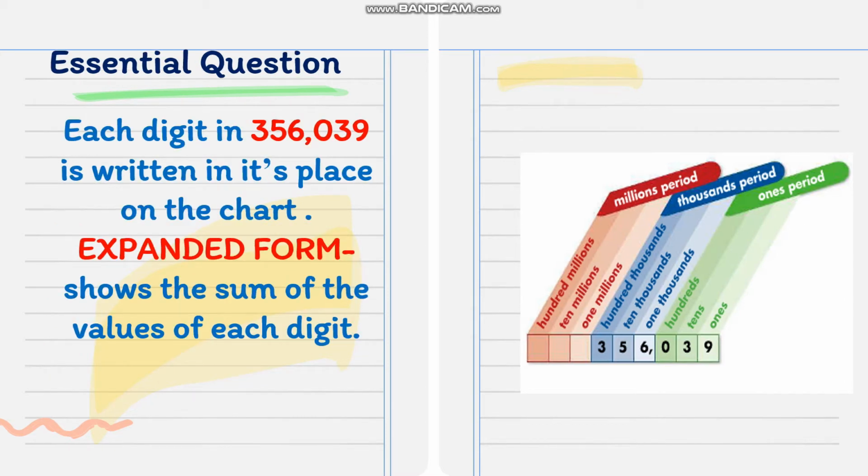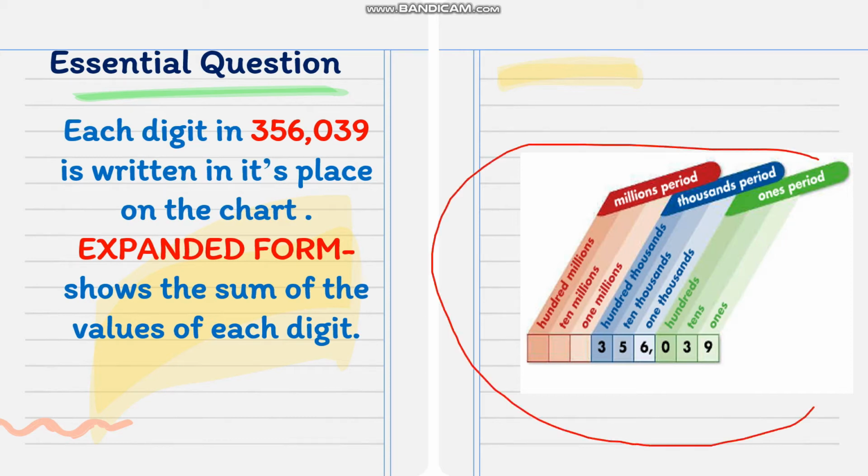Now, go back to the question. Each digit in 356,039 is written in each place on the chart. So using this chart, we're going to write 356,039 using the different periods.